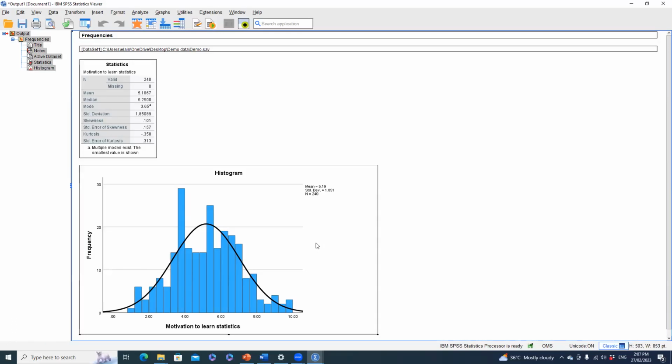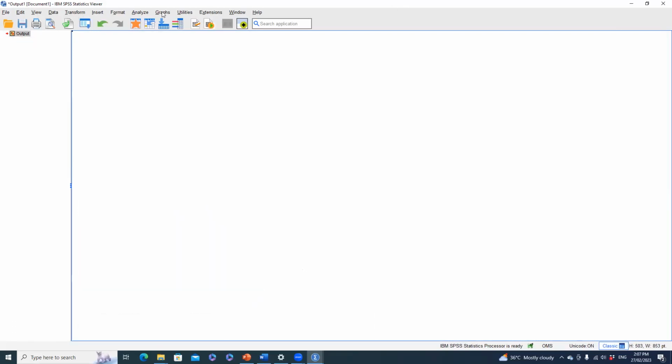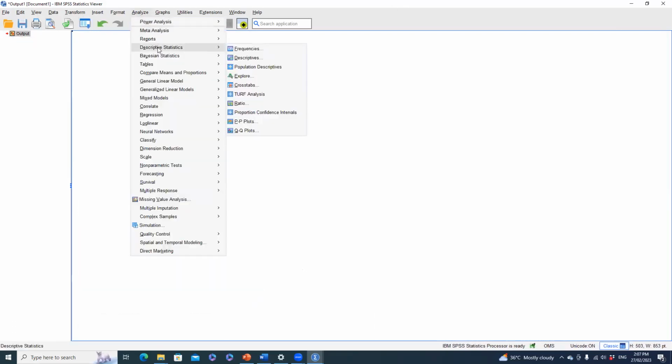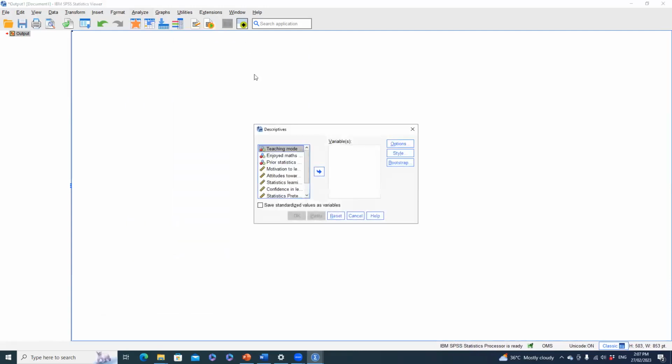Okay, what I'm going to do now is get rid of all of that output, and show you a couple of the other ways of getting descriptive statistics using this dialog box. You can actually get the same kind of outputs by using the descriptive statistics, then the descriptives command itself. I'm going to do that just to show you that you can get pretty much the same output from both of them.